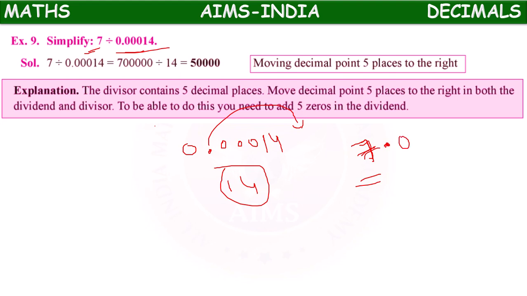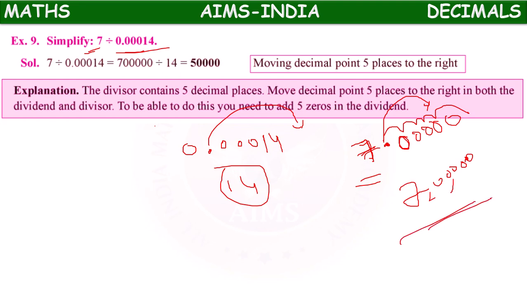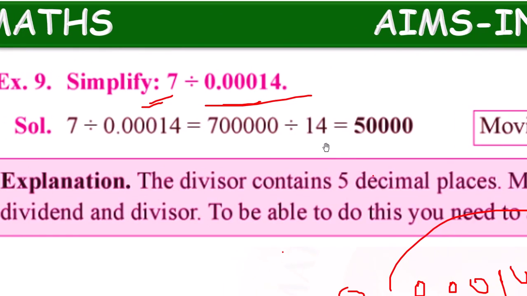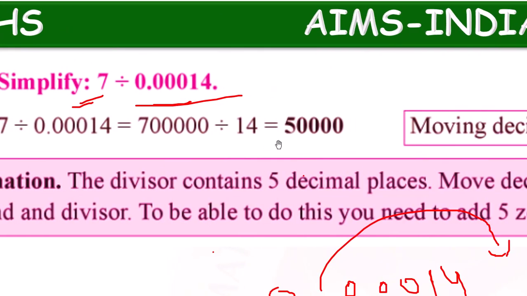It has to shift 5 places, and we have only 1 place, so for the remaining 4 places we take zeros. Now 1 place, 2 places, 3, 4, 5 places. So it becomes 7 followed by 5 zeros, which is 7 lakhs. So this is equal to 7 lakhs divided by 14. We can divide it. Okay.